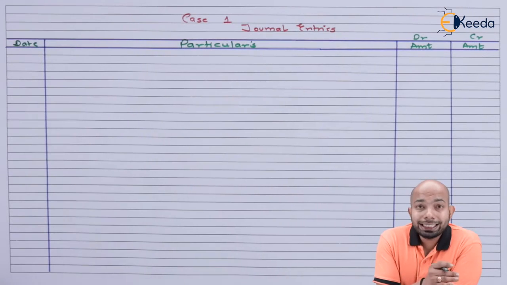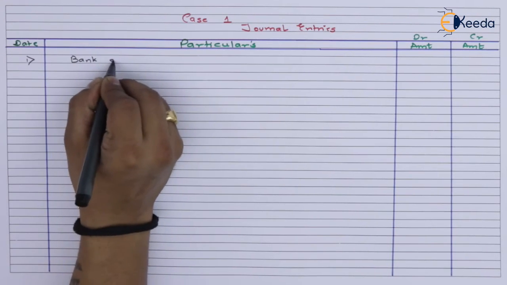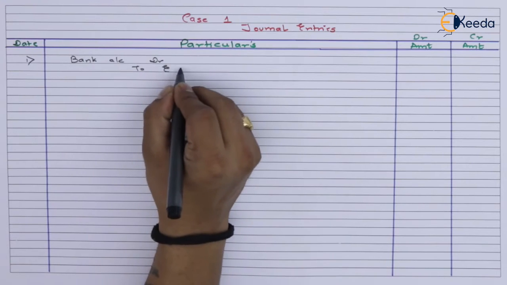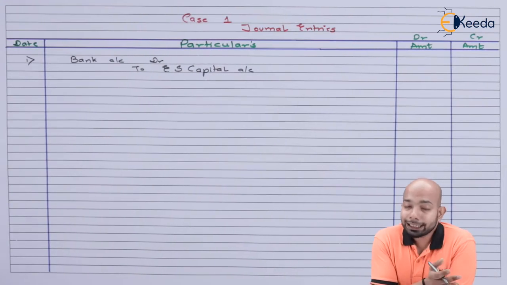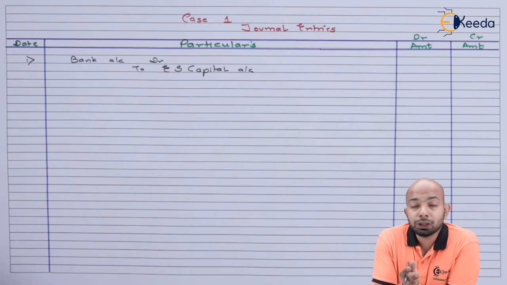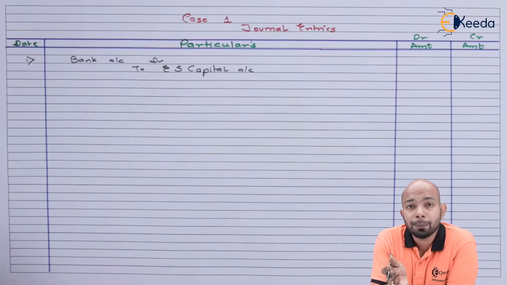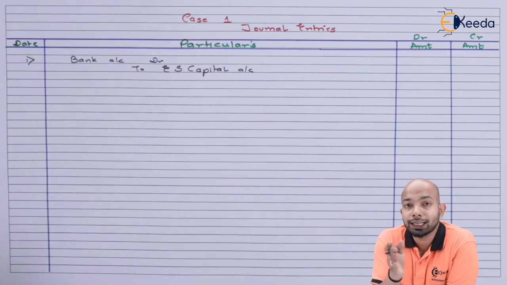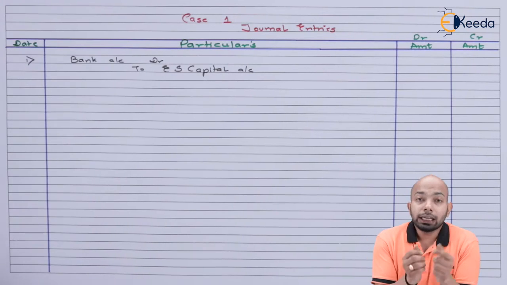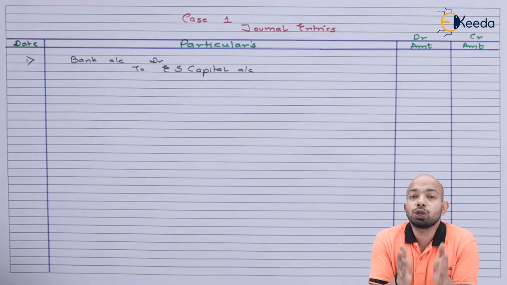So now the first entry will refer to receipt of application money. The entry that has been passed here is bank account debit to equity share capital. The short form has been mentioned as ES capital: E stands for equity, S stands for share. So equity share capital has been mentioned here, in terms of the application money that we have received on the basis of 50,000 shares being issued.